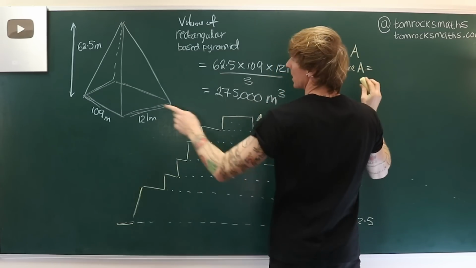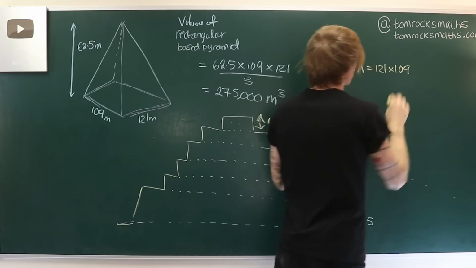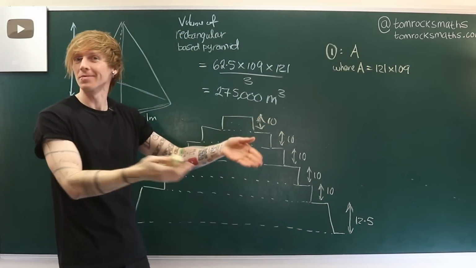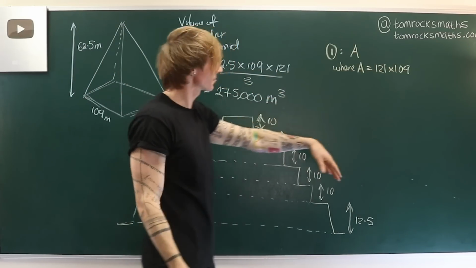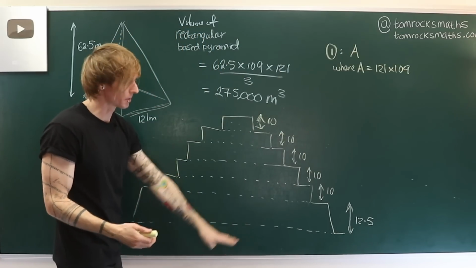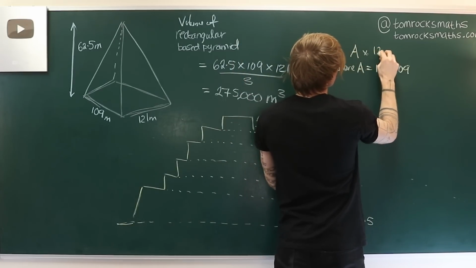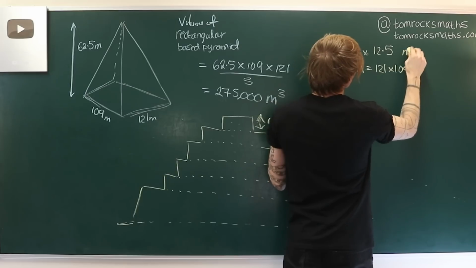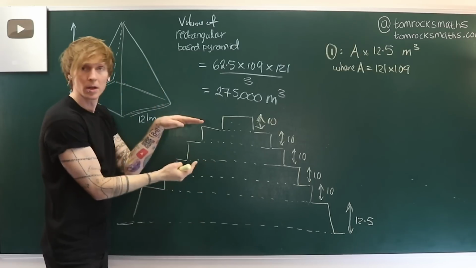So A is 121 by 109, which of course we could work out using some Egyptian maths probably, but I'll just call that A, the area of the bottom, multiplied by the height, which is 12.5. So that's A times 12.5, and that will be meters cubed, will give us the volume of this lower cuboid.